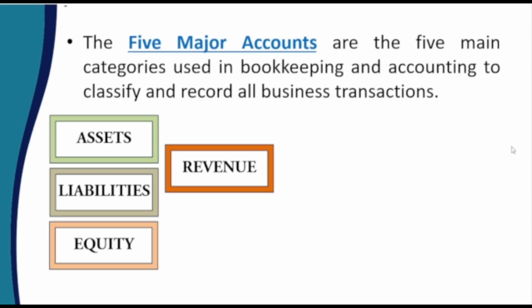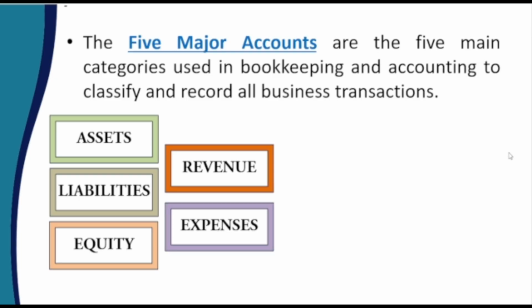If your business sells a product, that is your revenue. If you earned from that, that's the revenue. If your business focuses on services, that's also revenue, but with a specific account title. Later on we will tackle that. What is an account title?